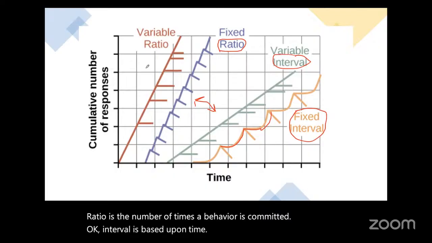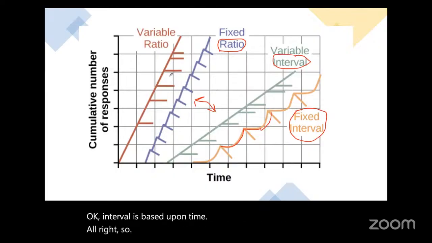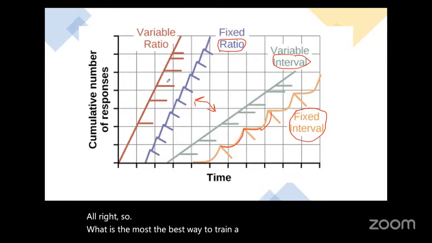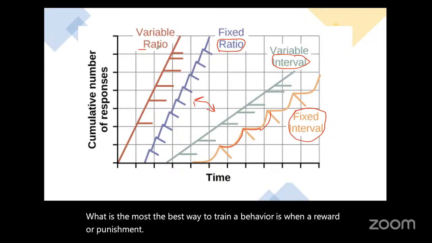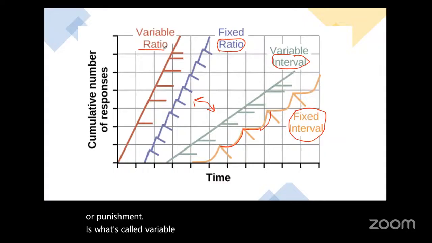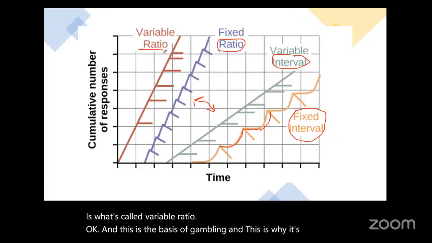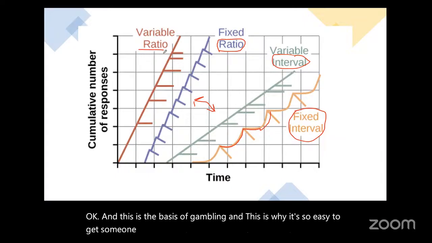So what is the best way to train a behavior is when a reward or punishment is what's called variable ratio. Okay. And this is the basis of gambling. And this is why it's so easy to get someone addicted to the slot machines.